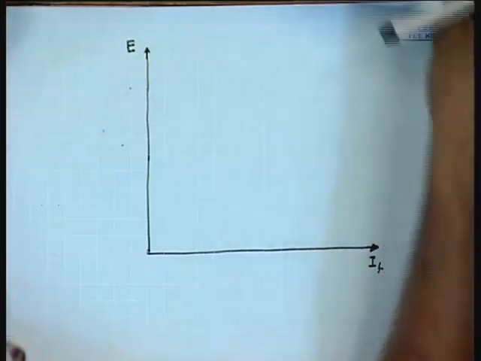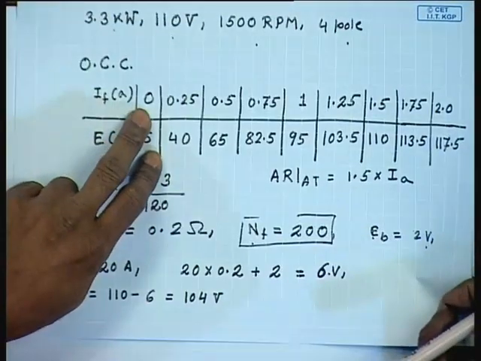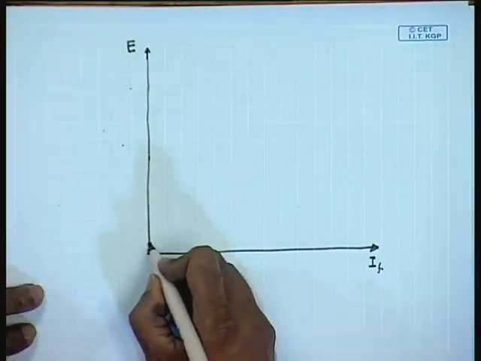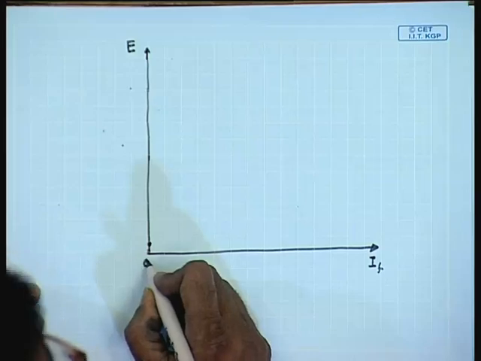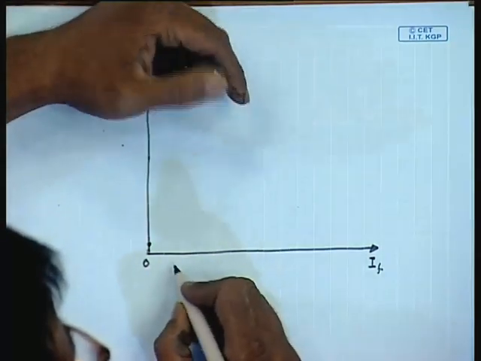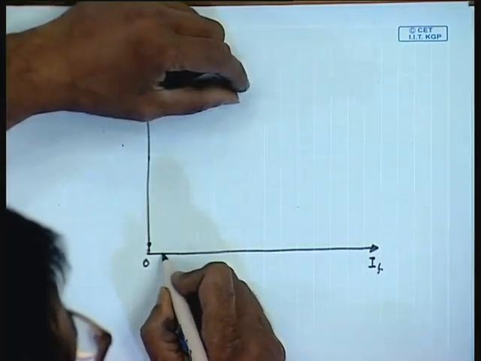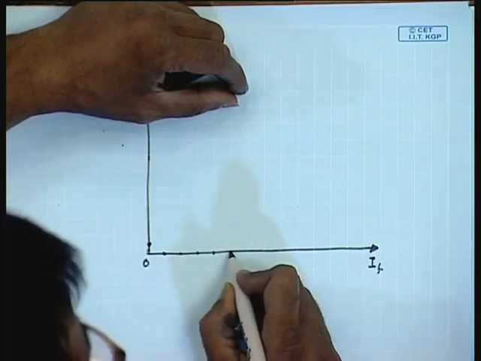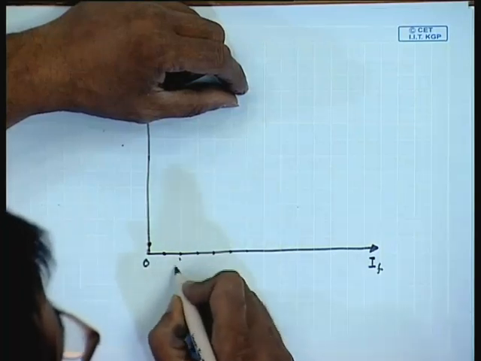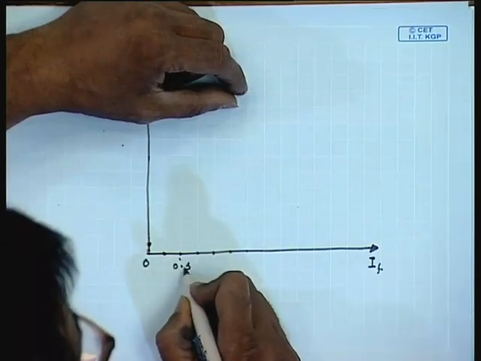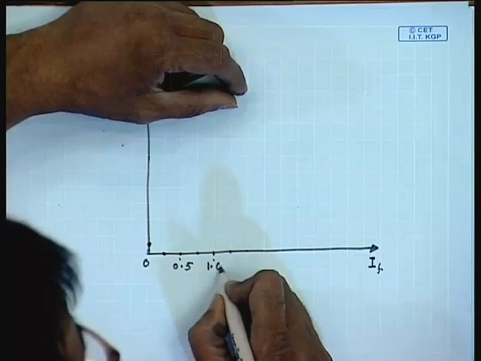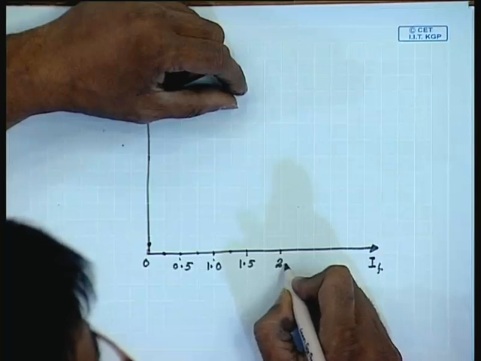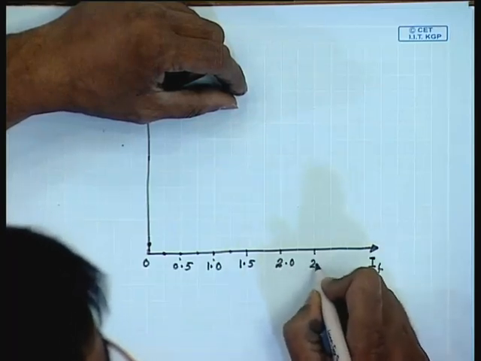From the given data, at no load the induced voltage is 5 volts. Let us say this is 0. Let us say this is 0.5 amperes. This is 1 ampere, this is 1.5 ampere, this is 2 amperes and this is 2.5 amperes.